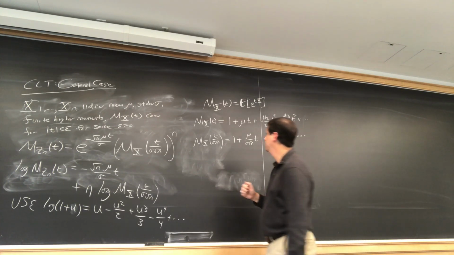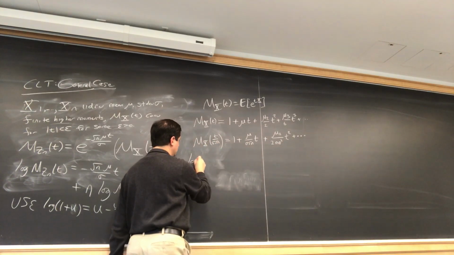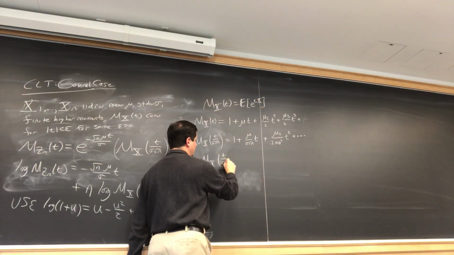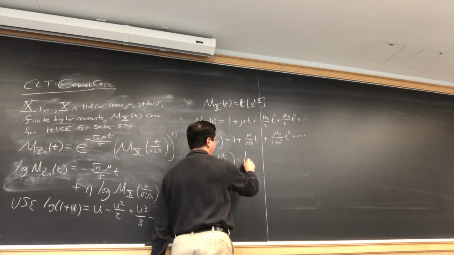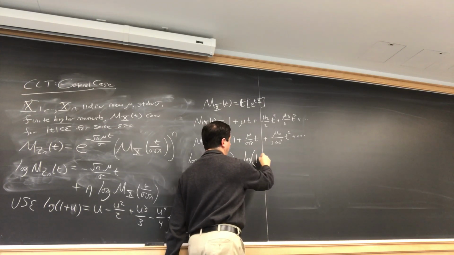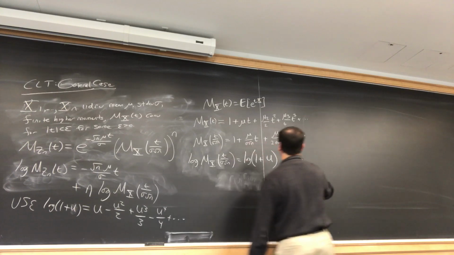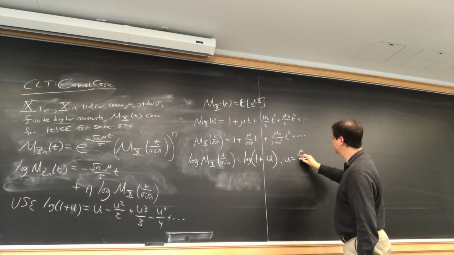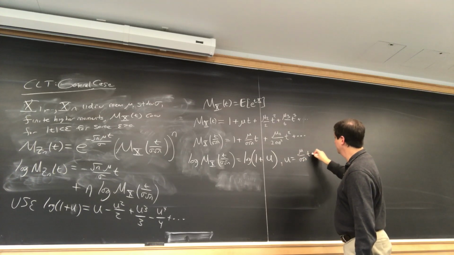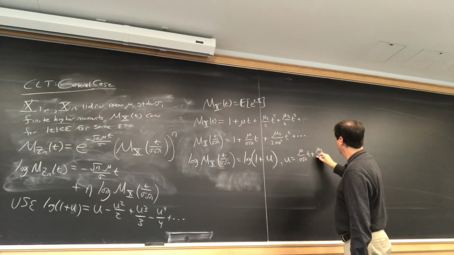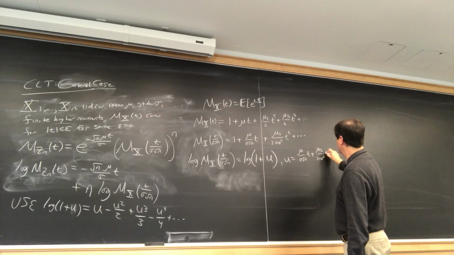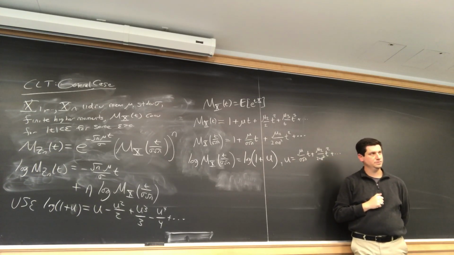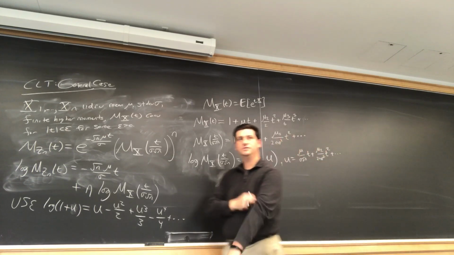Now, let's look at the log of the moment-generating function of t over sigma square root of n. This is the log of 1 plus u, where u is equal to mu over sigma square root of n t plus mu2 over 2n sigma squared t squared, right?